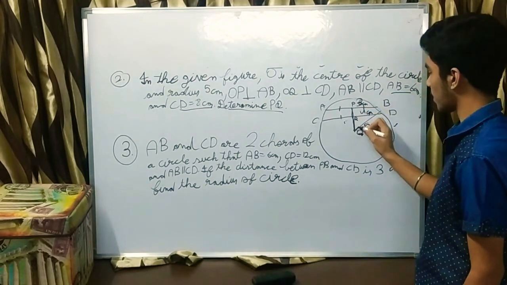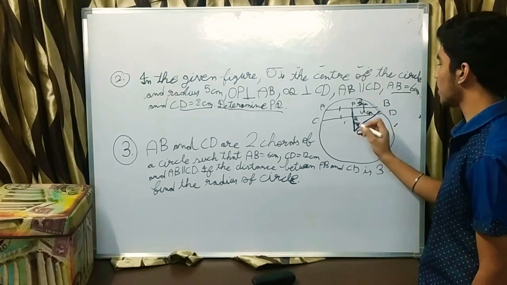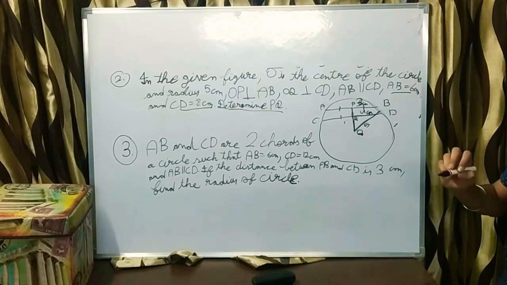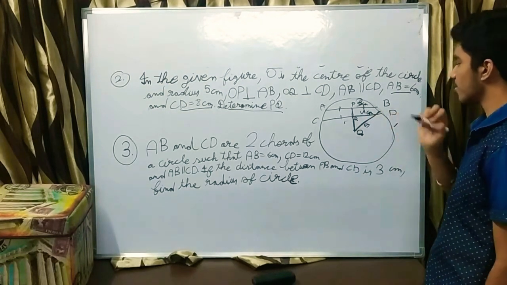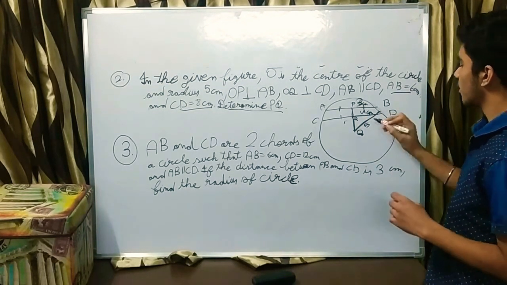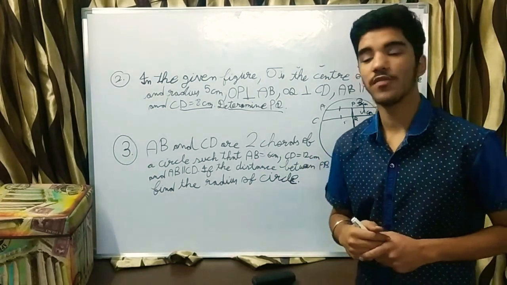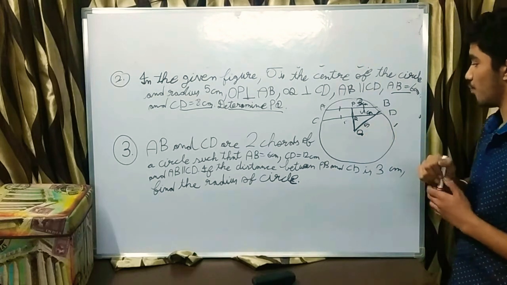Now let us see. In triangle QOD, QD is equal to 4 centimeter and OD is equal to 5 centimeter. So by Pythagoras theorem, we can find the value of OQ.